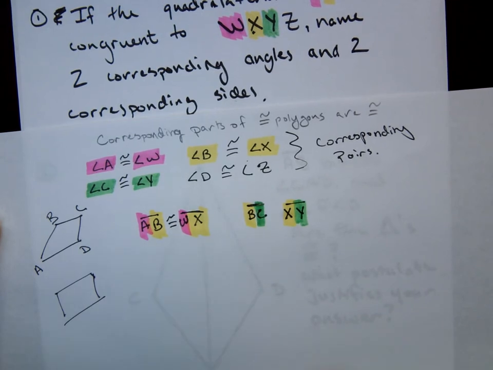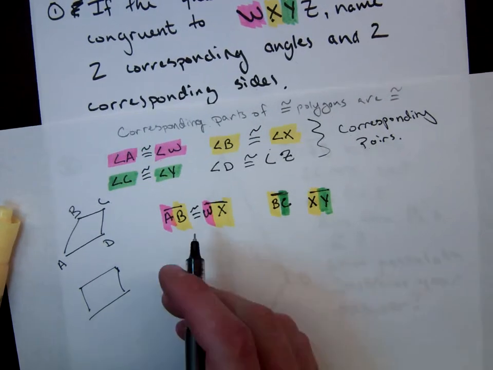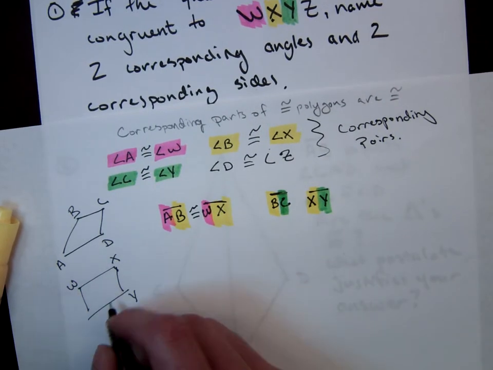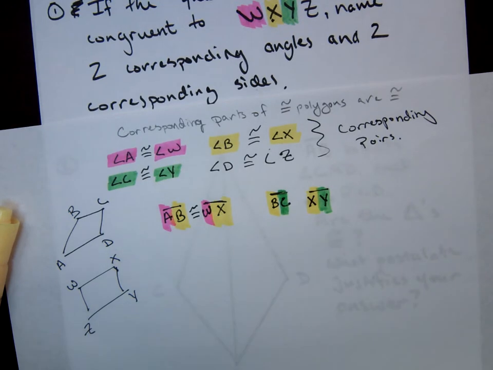Obviously those don't look too terribly congruent, but we can just use our imagination slightly and label them the same way, and you can go through the same strategies that we just described here.